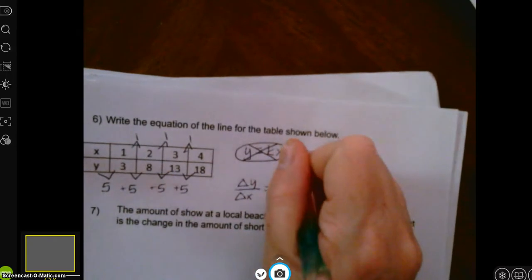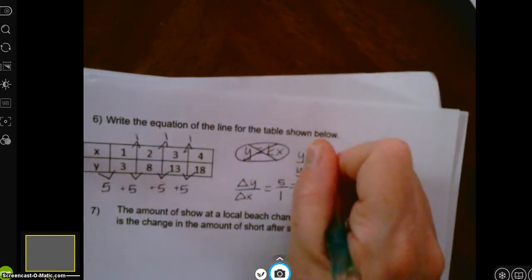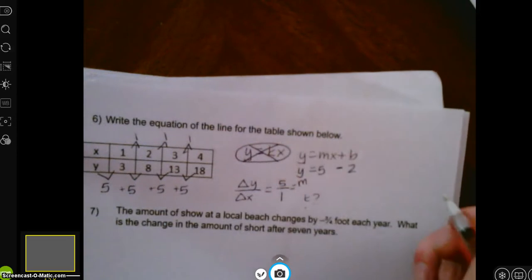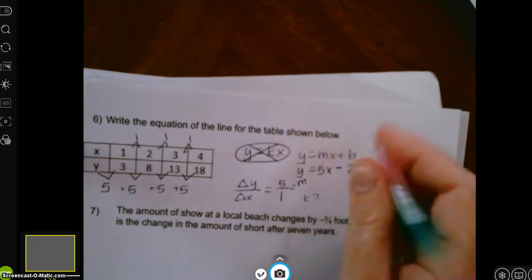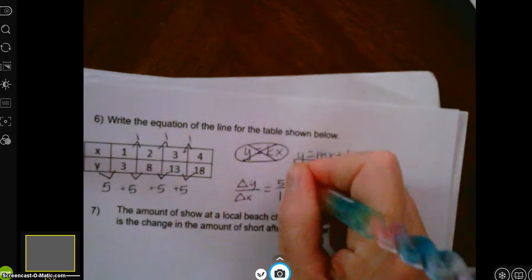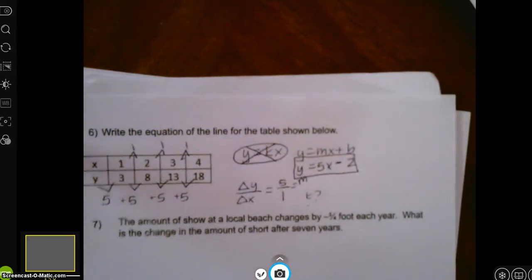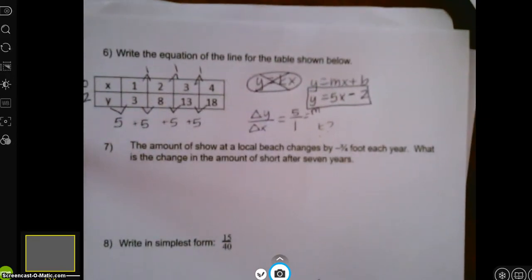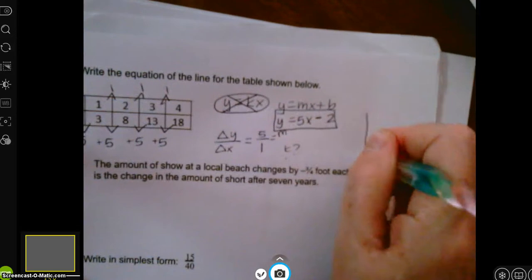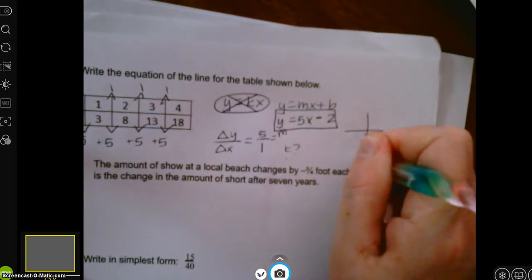Now basically everything else, y equals, here's m, 5 over 1, or just 5. I would normally put just 5, but 5 over 1 is fine. Don't forget to put the x. Okay, make sure you put the x. And there is our equation. So it will be linear, but it's not proportional. It will go through right here. Okay?